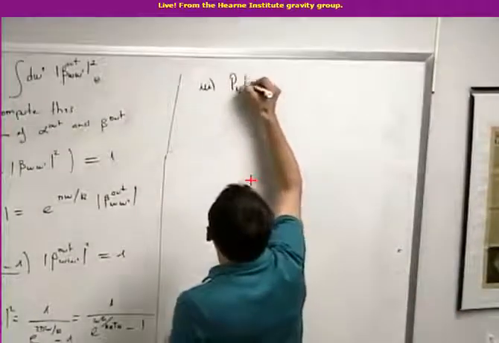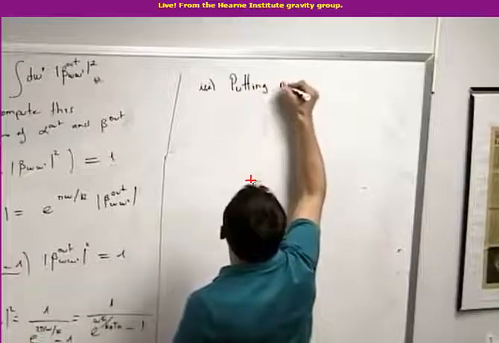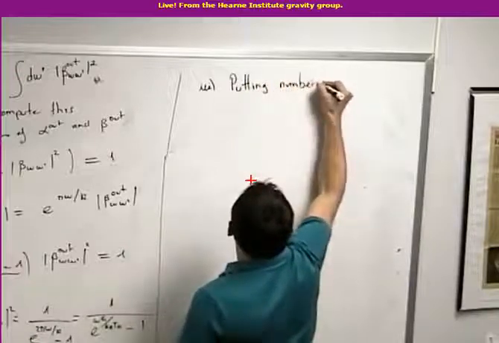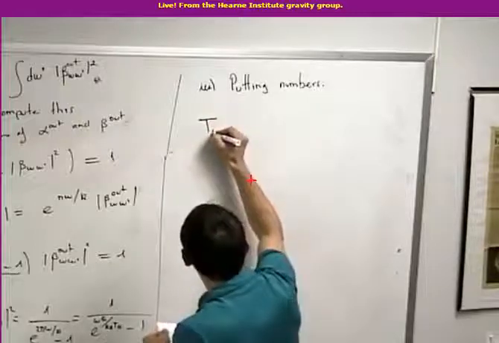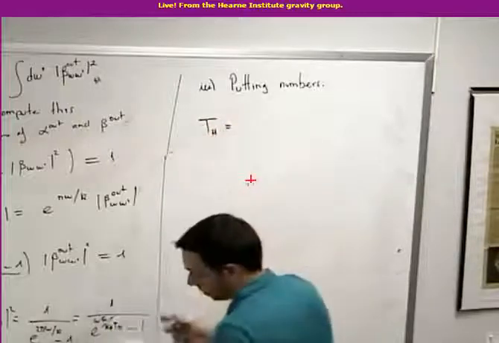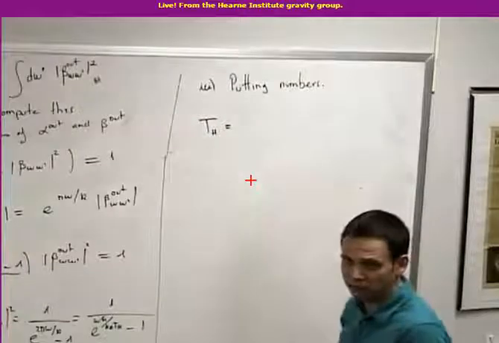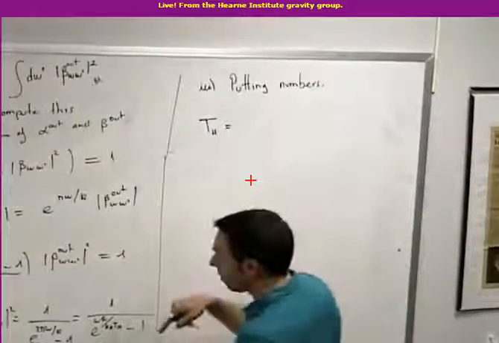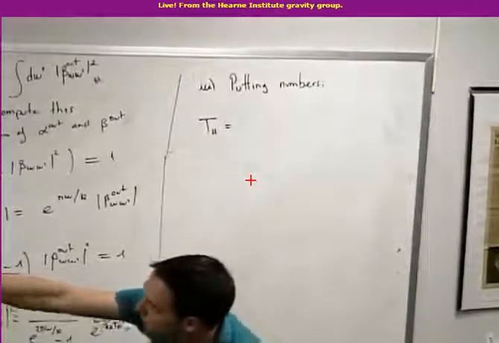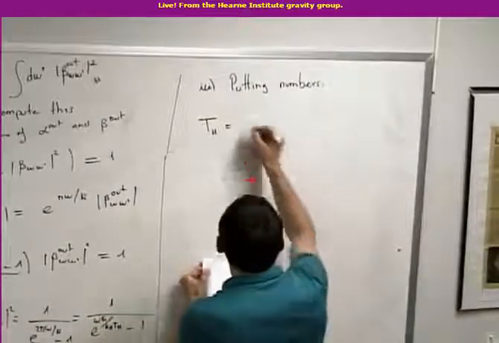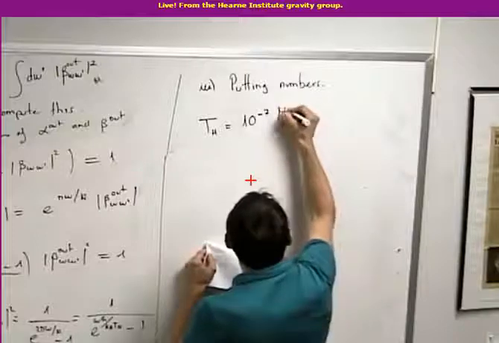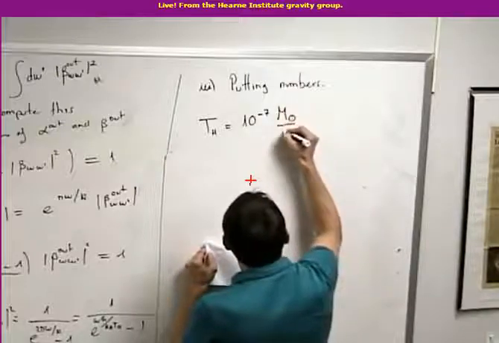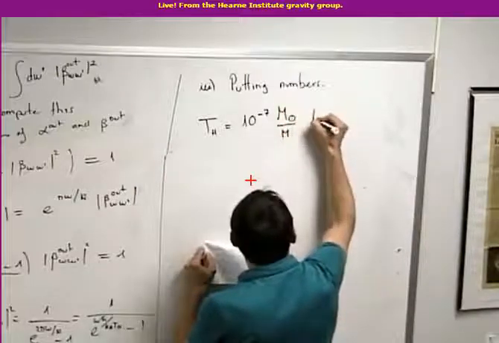Let's put numbers. Probably with these numbers, Hawking wasn't that happy. Otherwise, he could have already had the Nobel Prize. If you put numbers in the Hawking temperature, you put the value of all constants, you get 10 to the minus 7 in Kelvin.